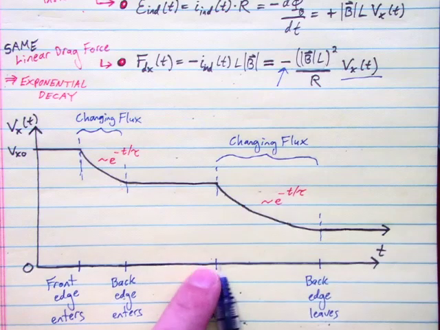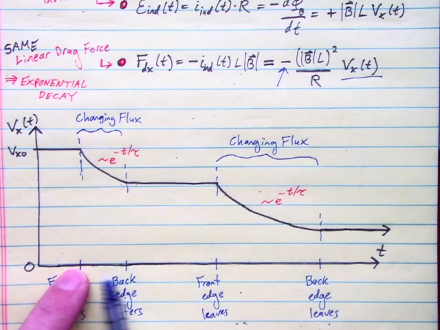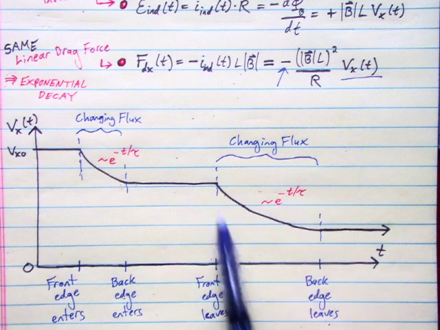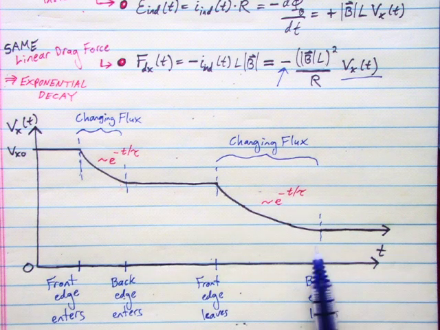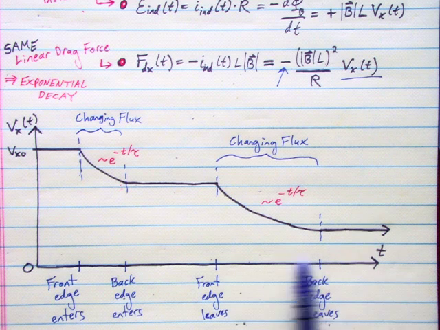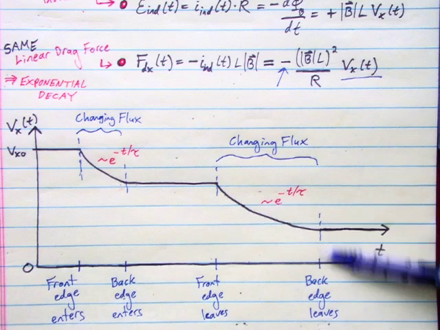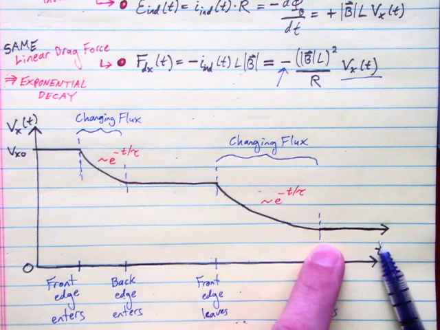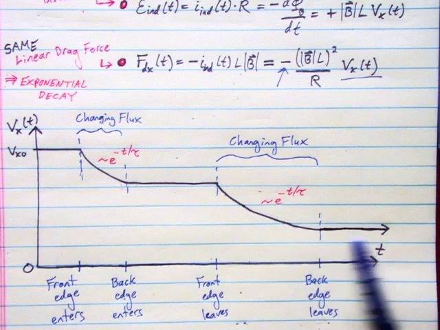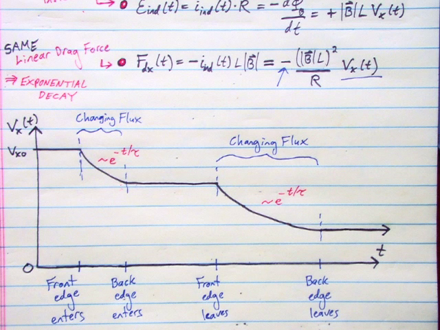This should take longer than before, perhaps since we're going slower here, although you could consider the details of these relative time durations yourself. Then once the back edge of that loop leaves the region fully, the loop is fully outside the region, no more changing flux, and should continue on at a constant velocity thereafter.